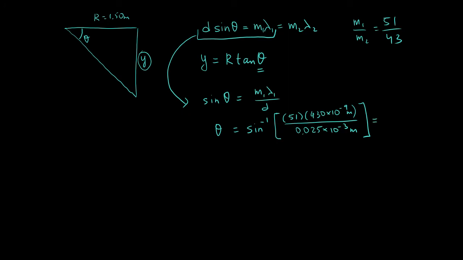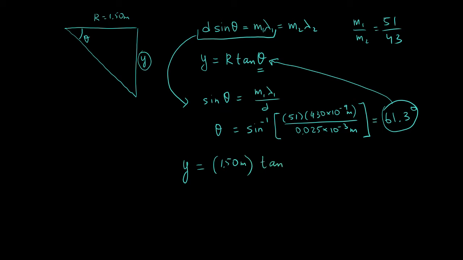We will get theta equals 61.3 degrees. Now we can take this 61.3 degrees and plug it in here. So y equals 1.50 meters times tangent 61.3 degrees. And if we plug this into a calculator, we'll get 2.74 meters.